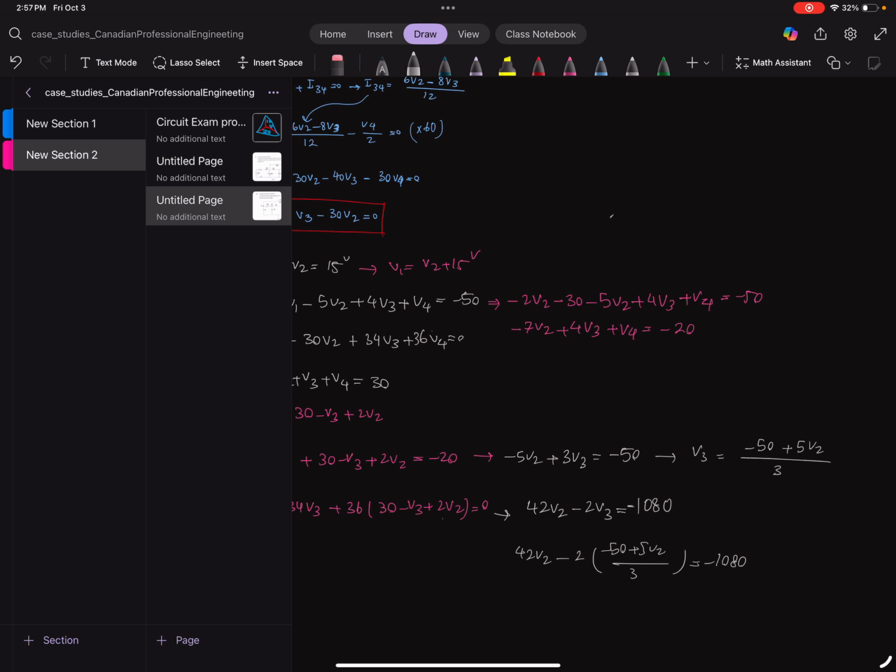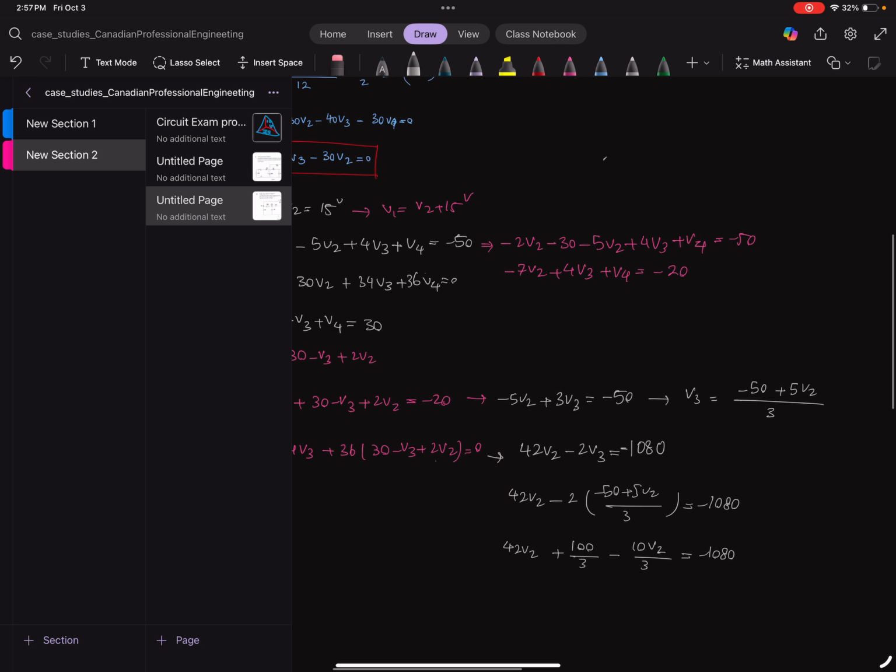And then we have 42 V2 plus 100 over 3 minus 10 V2 over 3 minus 1080. So 42 minus 3 something is going to be, almost.